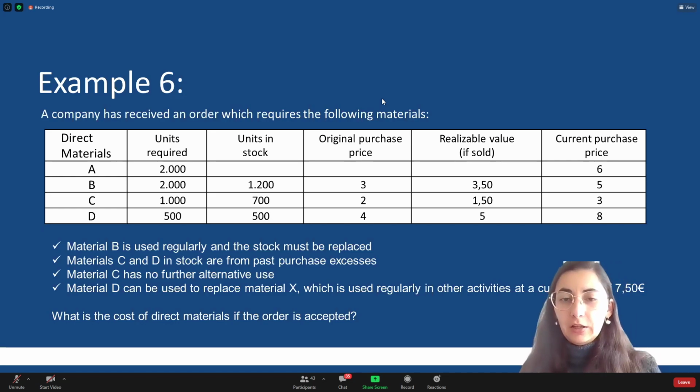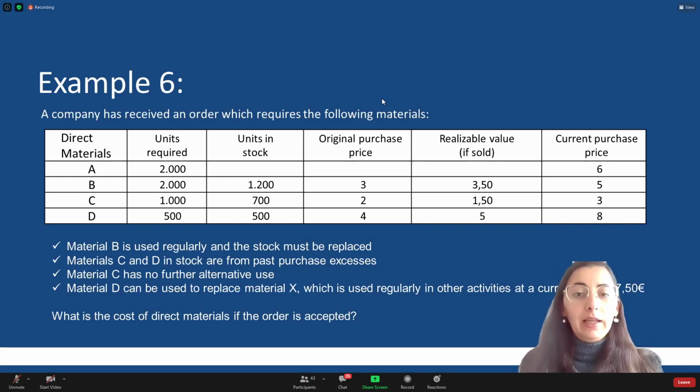Given the information that we have, if we sell, we get €5. If we replace, we save €7.50. So what is the best option? To replace. But it could be different. Let's imagine that we could sell for 8, and if we replace the material, the replacement was $7.50.